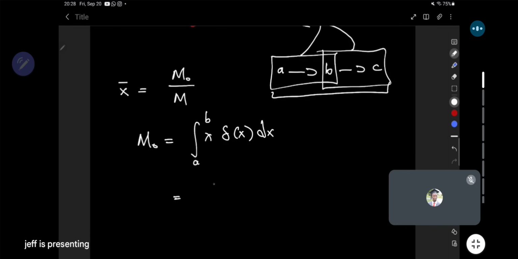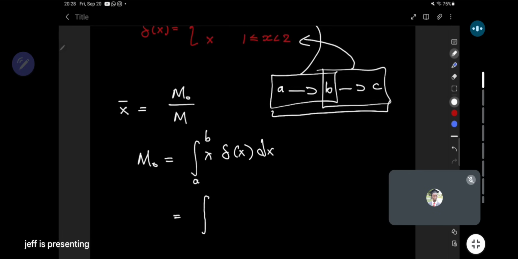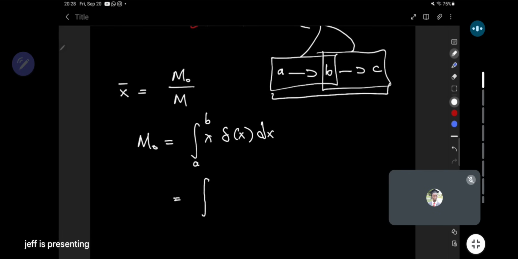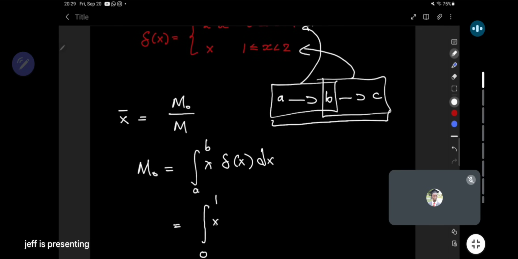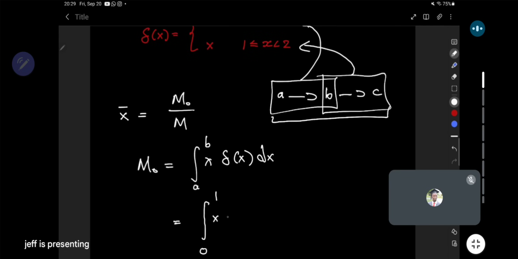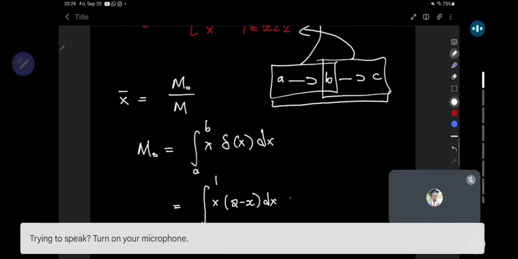You first have to move with the smallest value, that's from 0 to 1. In that interval, the density is defined by 2 minus x, dx. Now you need to combine, plus, the second part.